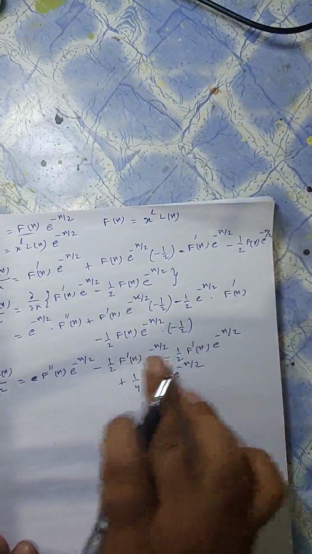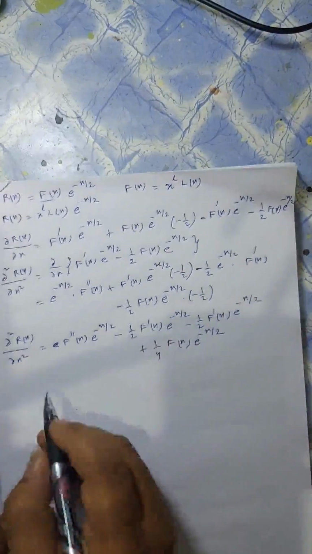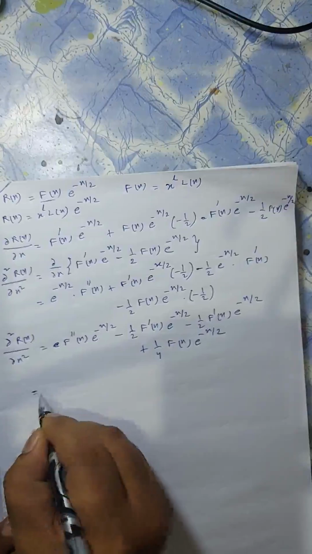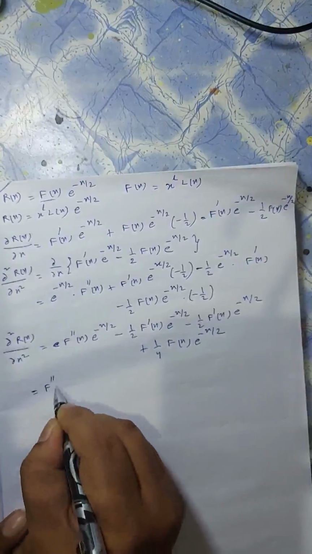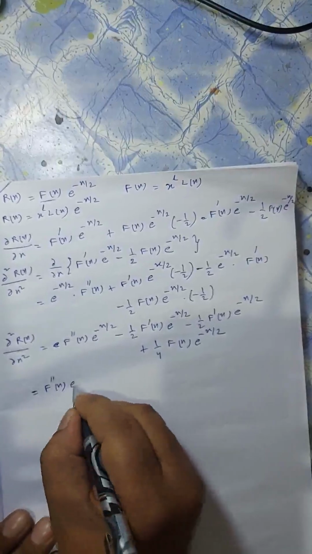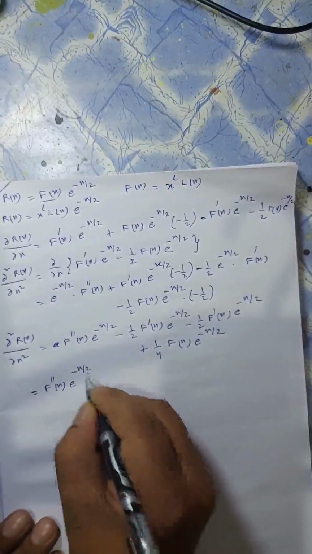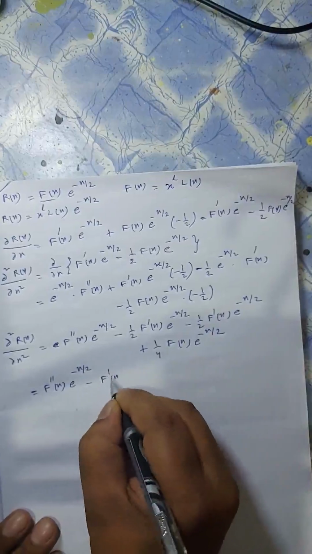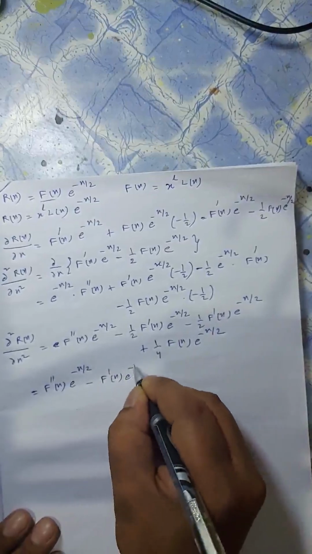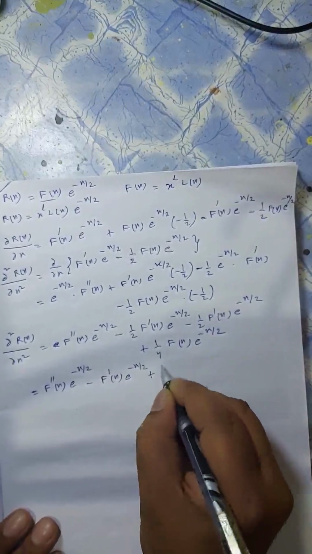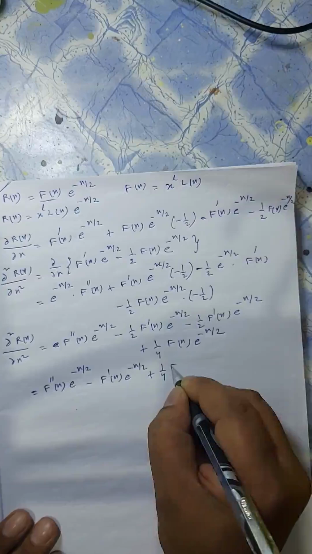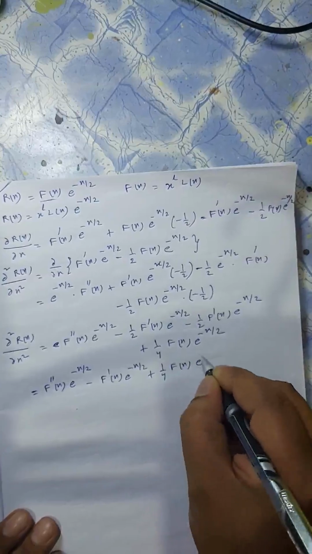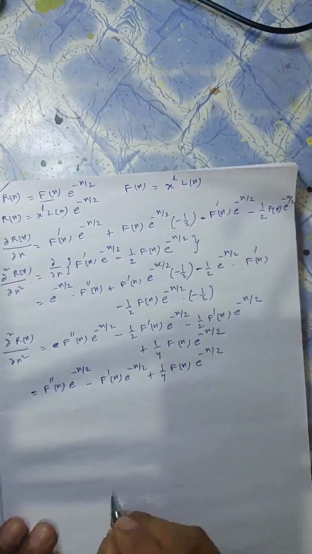These two things are same. Half plus half will be 1. So this value will come as F''(x) e to the power minus x by 2, minus F'(x) e to the power minus x by 2 plus 1 by 4 F(x) e to the power minus x by 2.